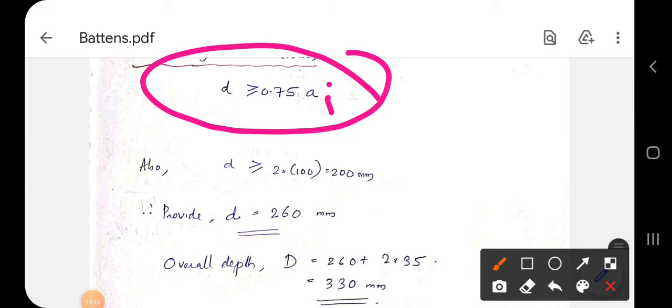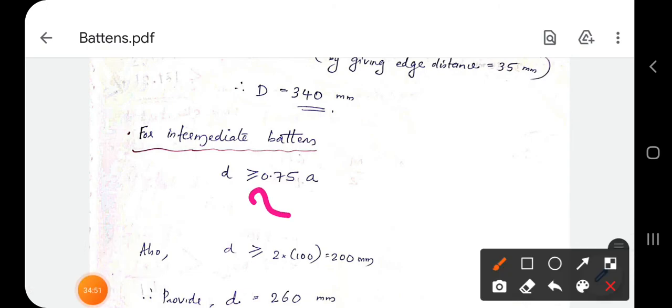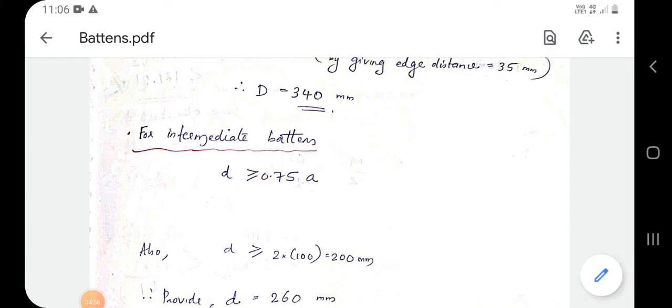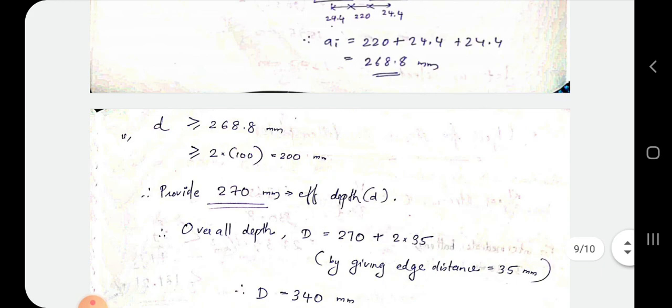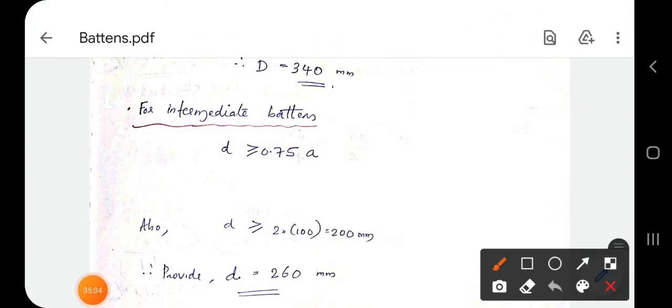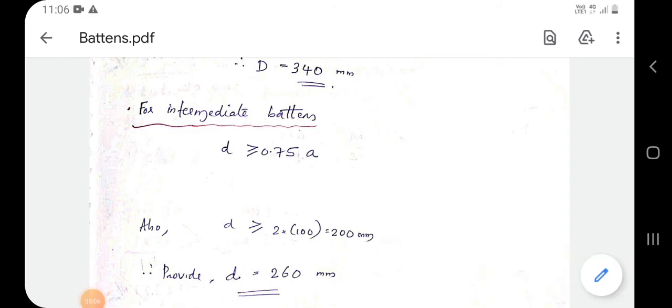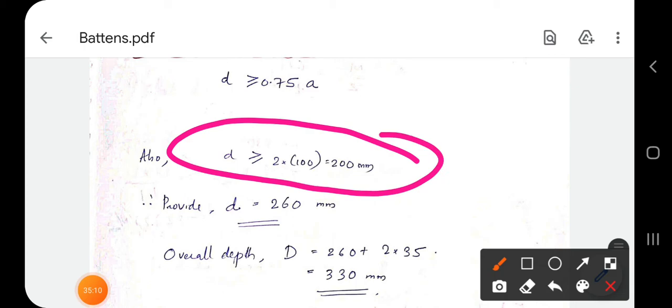Just like the same, see how much it is. Here it is not given. There is a correction in the note, so it was deleted. In a similar way, substituting the value of AI 268.8, see the value of D, and also check for D greater than or equal to 2 times width of flange, 2 times 100, so it is 200.